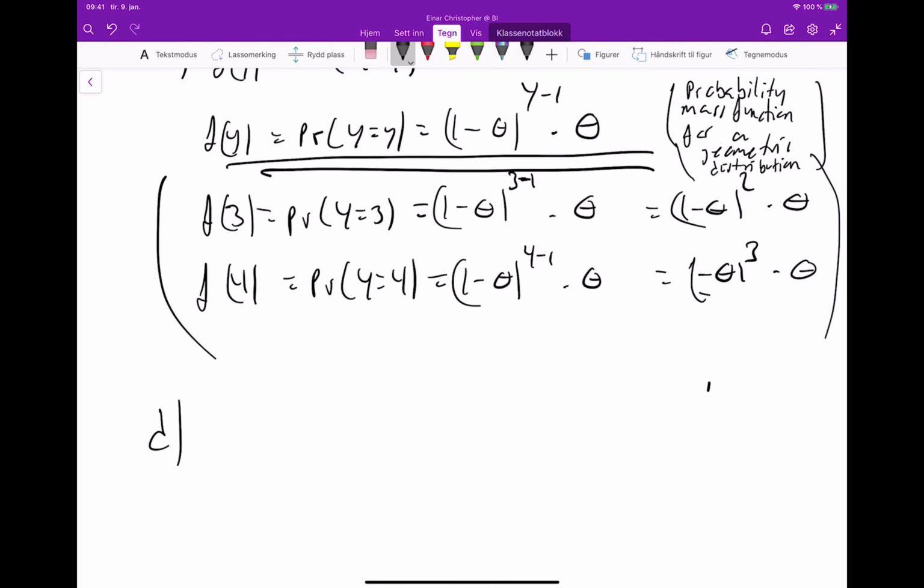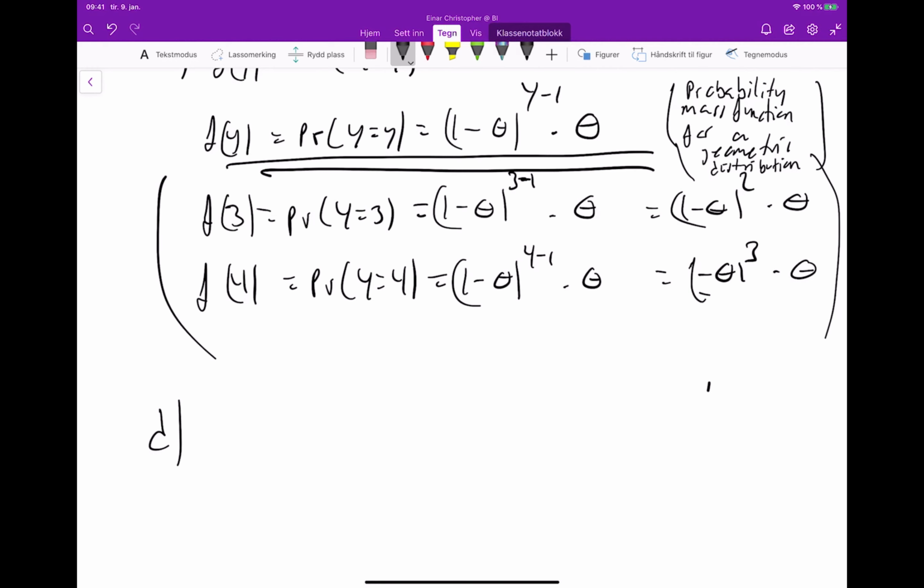So let's do that. It's obvious that all the probabilities are bigger than or equal to 0, because 1 minus theta is positive, and when you take it to some power, it will still be positive, and theta is positive, so it must be fulfilled.